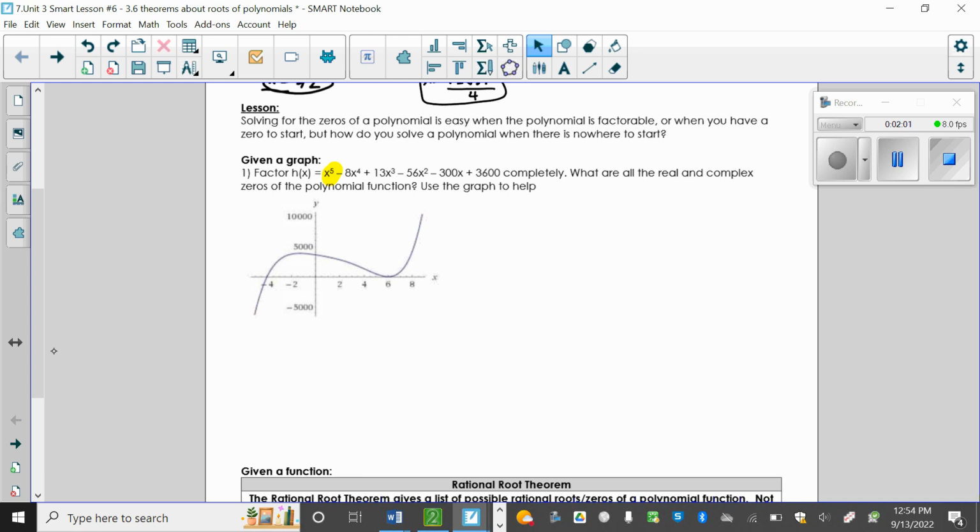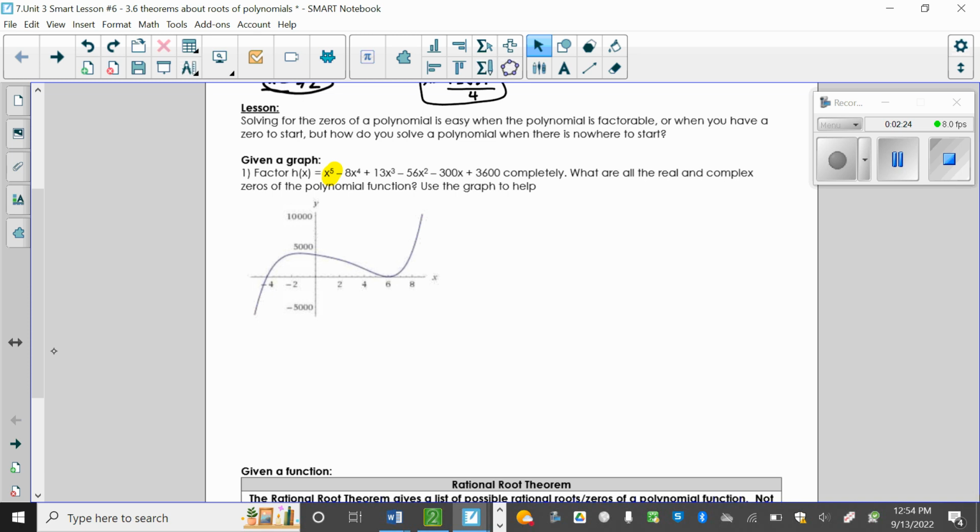So for example, h of x equals x to the 5th minus 8x to the 4th plus 13x to the 3rd minus 56x squared minus 300x plus 3,600. We're going to factor this completely, and find all real and complex zeros of the polynomial function. Below is the graph of h of x.